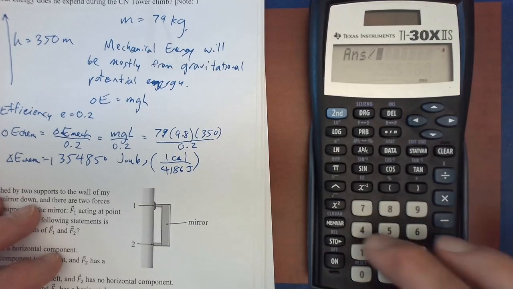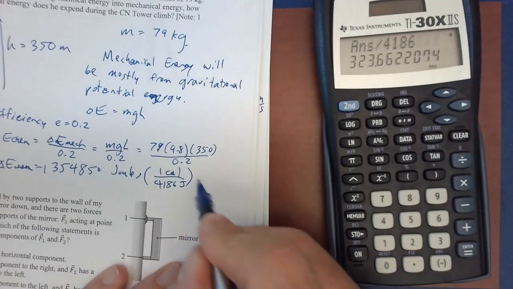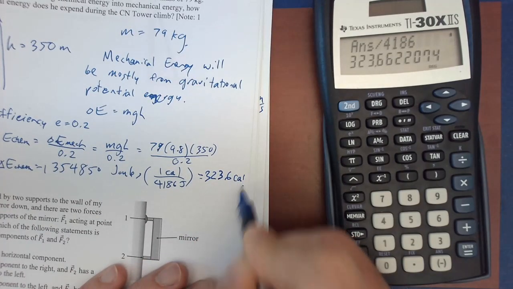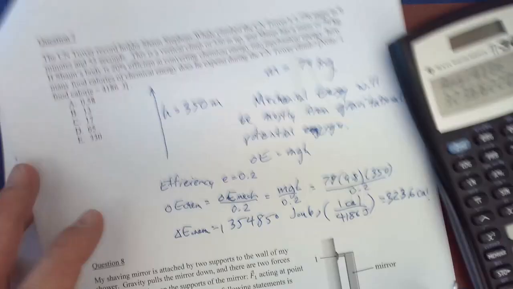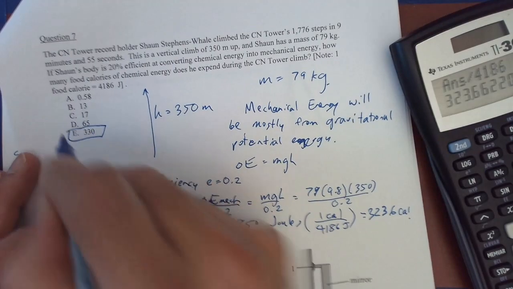Divide this by 4186, gives you 323.6 calories. Okay, so it's around, well, it's close. It's actually around 320 calories. Good.